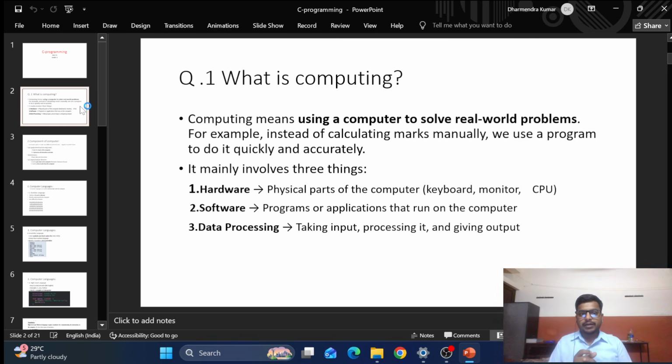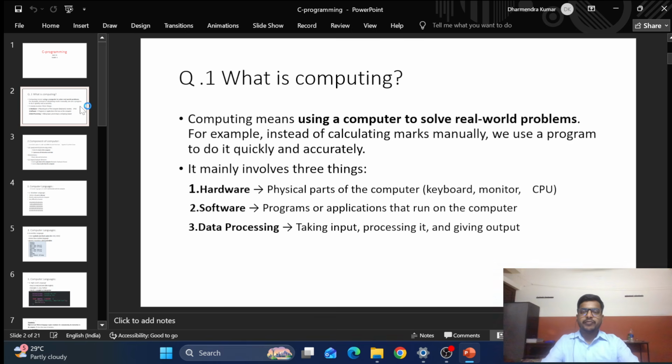Computing mainly involves three things. First one is the hardware, second one is the software, and last one is data processing. What is the meaning of hardware here? Hardware means the physical parts of the computer, like the keyboard, monitor, CPU.